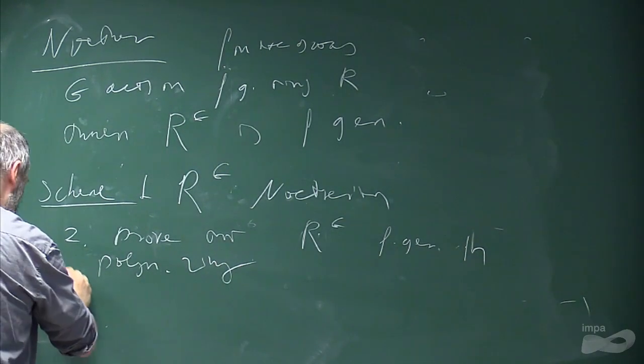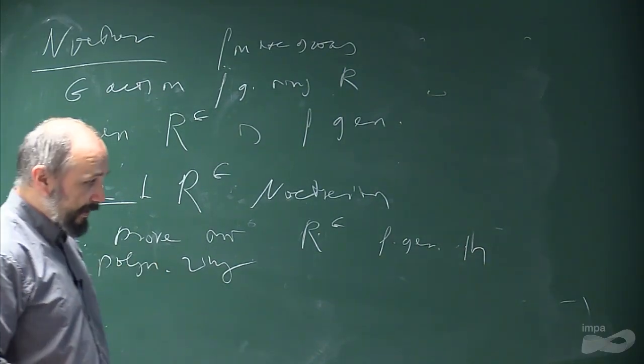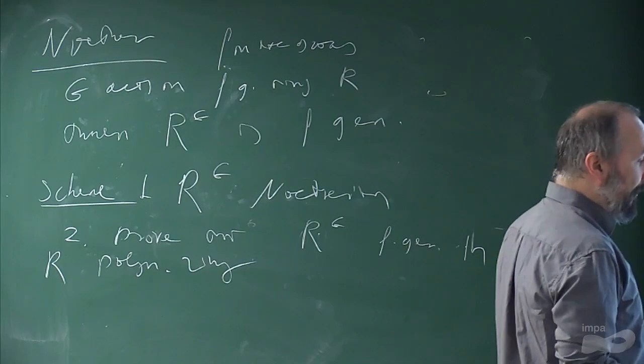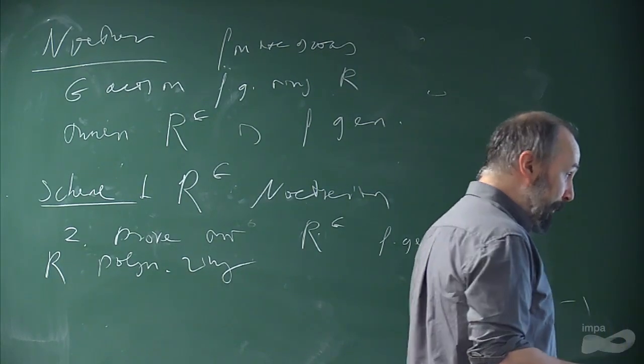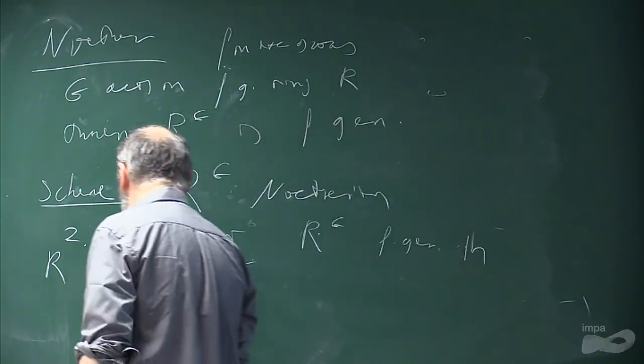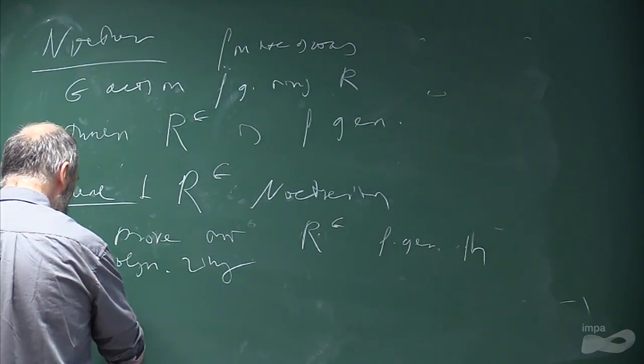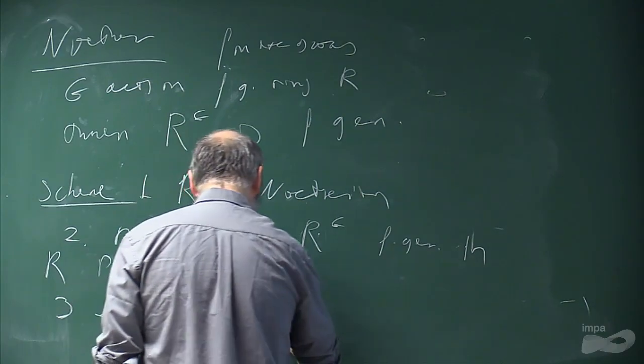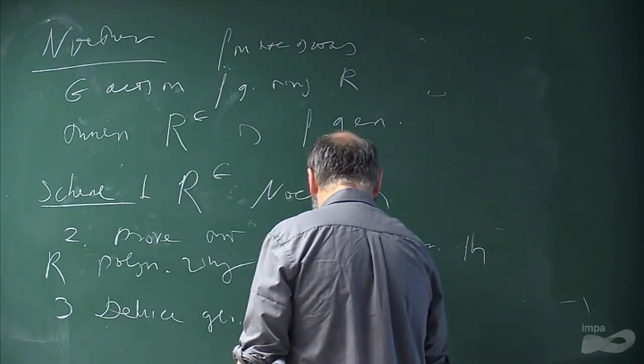This is probably the generality which was needed by Emmy Noether when she proved this theorem. And then the third step, which is not hard, is to deduce the general case from the polynomial one.